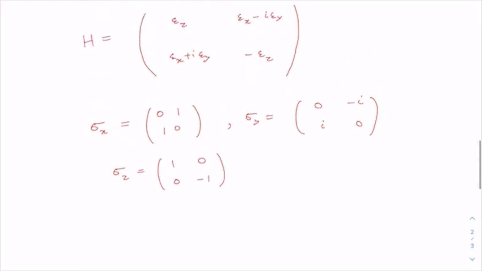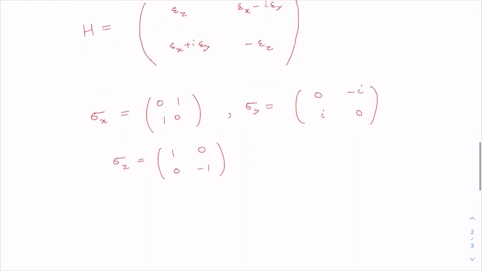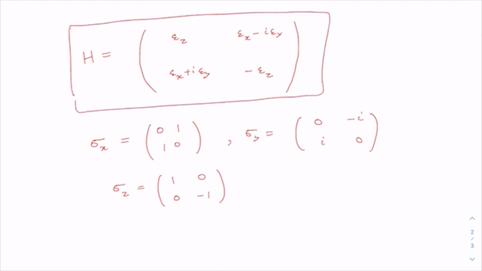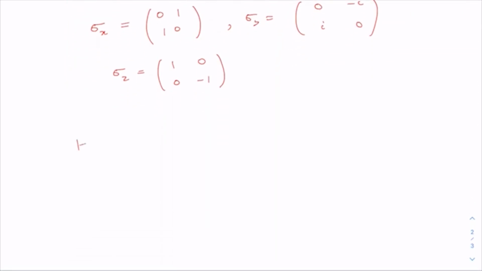In terms of these Pauli matrices, it is very easy to see that I can write this Hamiltonian in a compact notation as epsilon x sigma x plus epsilon y sigma y plus epsilon z sigma z, which I can further write in a very short form as H is equal to epsilon vector dot sigma, where epsilon vector has the components epsilon x, epsilon y, and epsilon z, and this sigma vector, which is the Pauli vector, has components sigma x, sigma y, and sigma z.